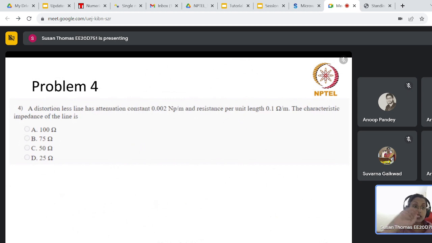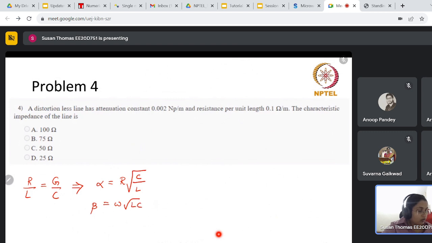This is a question from the distortionless line case. Just to refresh the concept of distortionless line: the condition for a distortionless line is R by L equal to G by C. Under this condition, what are alpha and beta? Hope you have gone through the lectures. Alpha is equal to R root of C by L and beta is equal to omega root LC.